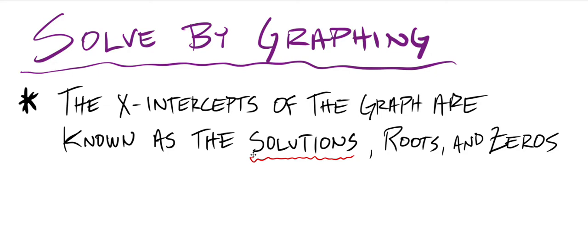Now, the annoying thing about solutions is they have a whole bunch of different names. So the x-intercepts of a graph will be known as solutions. They'll sometimes be called roots, and they'll sometimes be called zeros. And they all are the exact same thing.